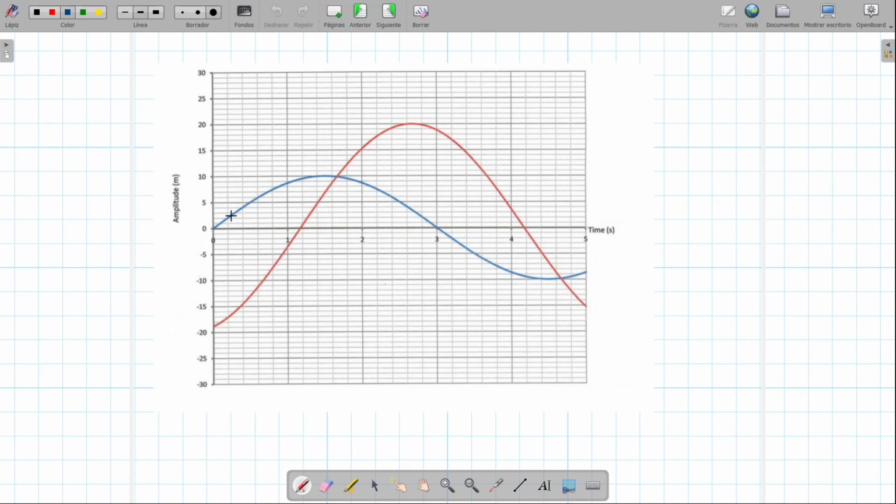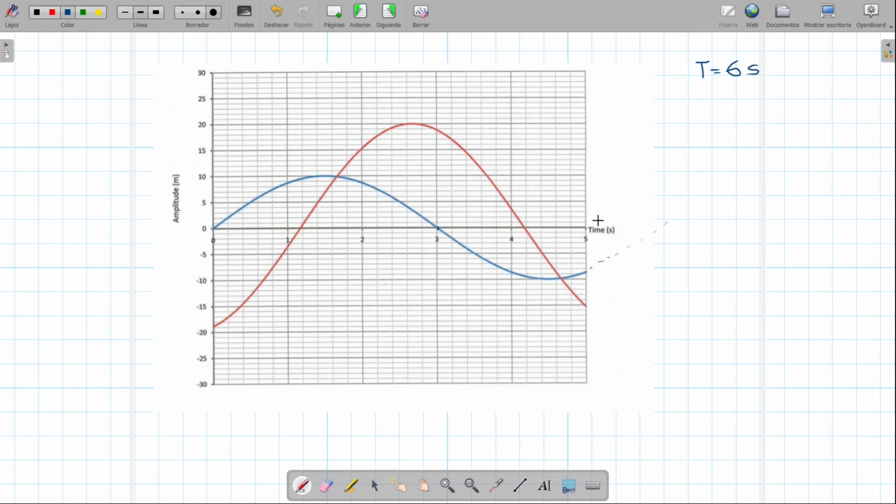Okay, so let's get the blue wave here. If you look at the blue wave, we don't have a complete wave, but we can consider that this wave would go up here, and this 3 is going to be half of the period. Okay, so we already know here that the period in the blue wave is going to be 6 seconds.